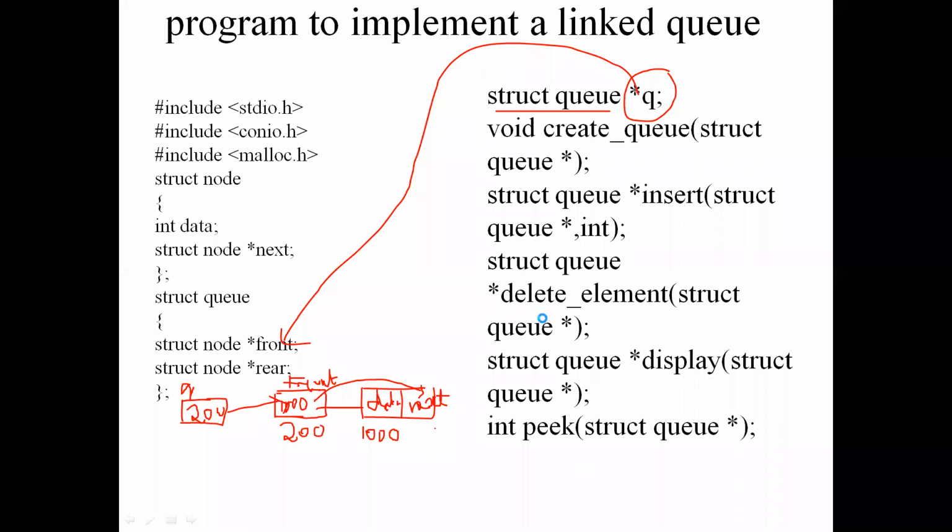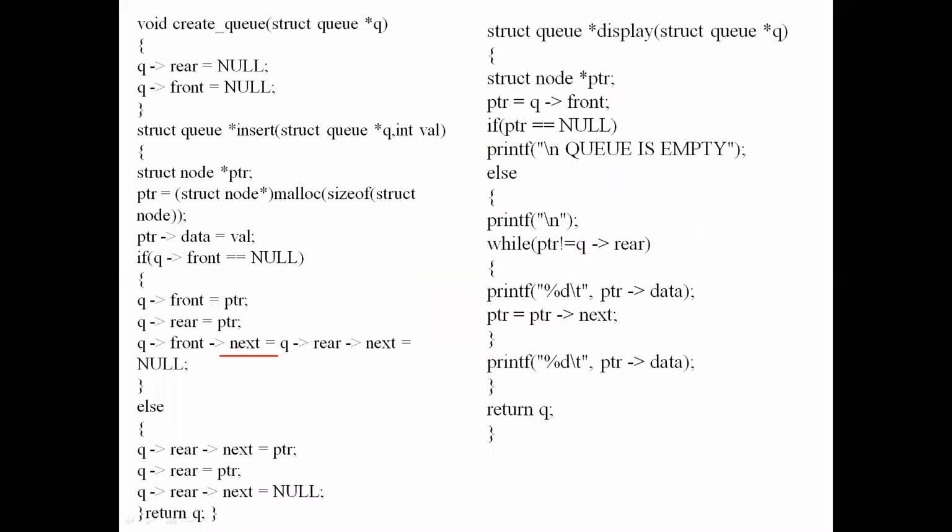So what I'm doing, I'm making the next field of front and the next field of rear, a particular node, as null.